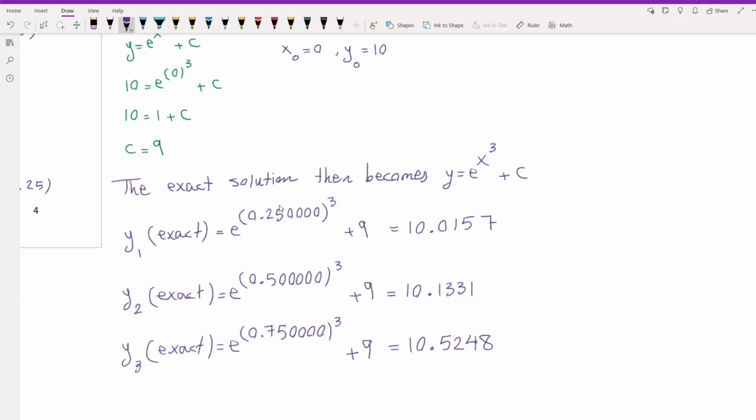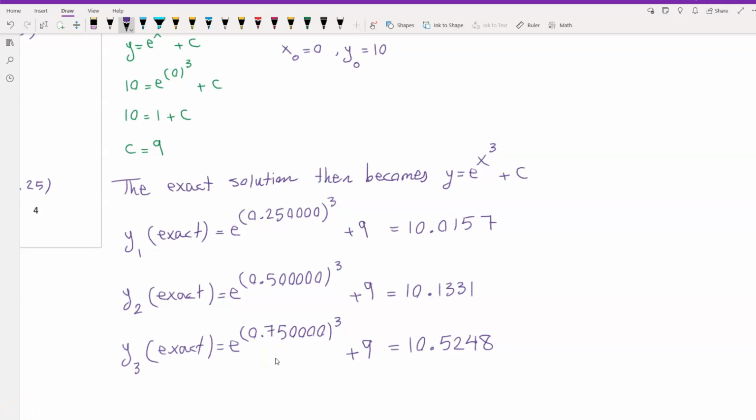Now finding y1, y2, y3 for the exact solution. This is equal to e to the x1, so that is 0.25 cubed, plus 9, rounding to four decimal places, 10.0157. Now finding y2, that is equal to e to the x sub 2, which is 0.50 cubed, plus 9, that is equal to 10.1331.